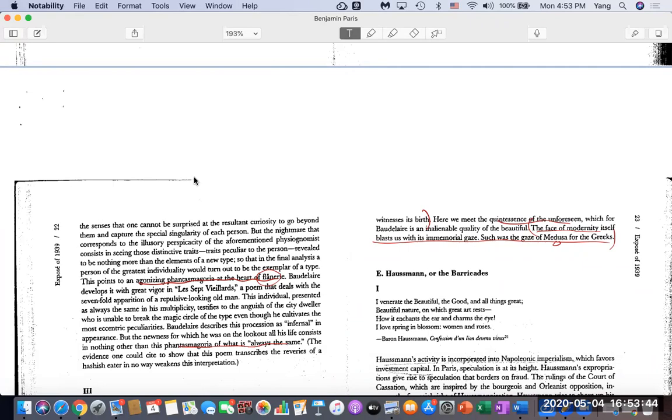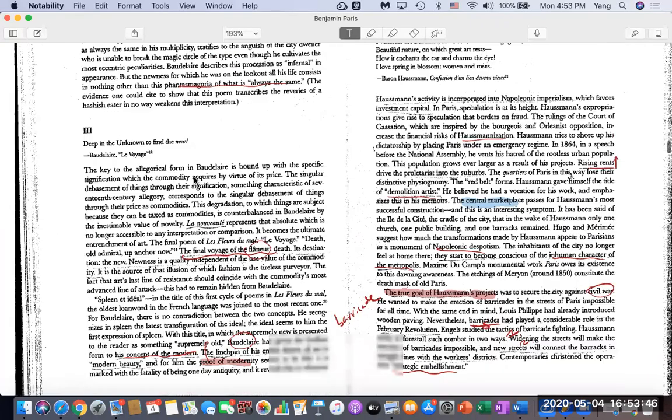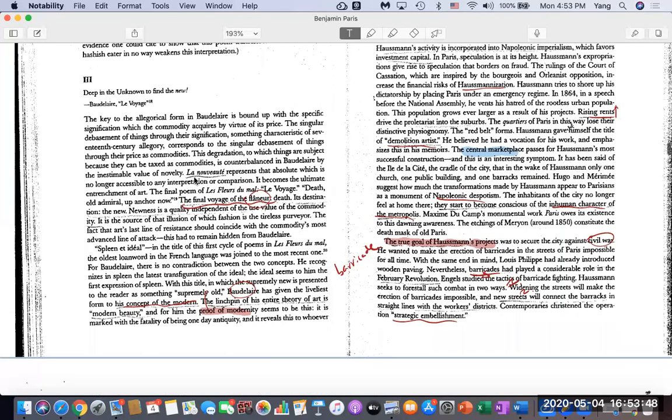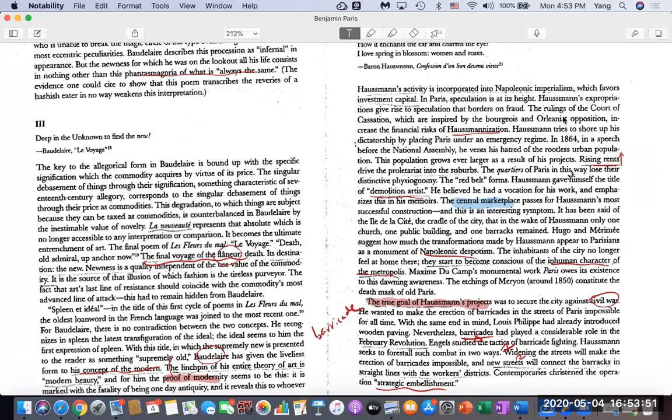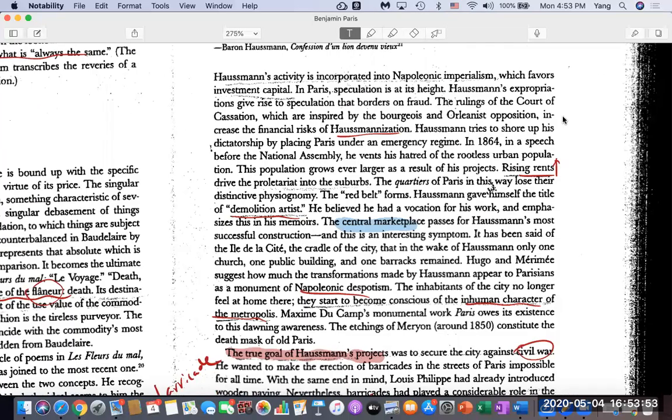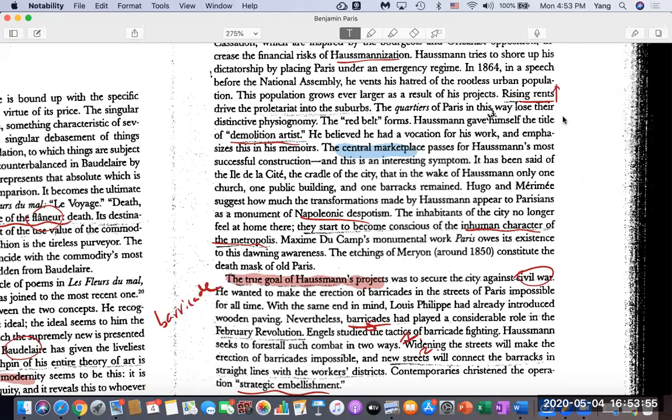Haussmann is discussed not only as doing aesthetics; he's also given credit for tearing down the narrow streets where people might foment a revolution or throw bombs, and instead building bigger boulevards where the army with its horses could fight, secure, as it says here, against civil war. They had some of the most world famous civil wars, 1789, 1848, in Paris.